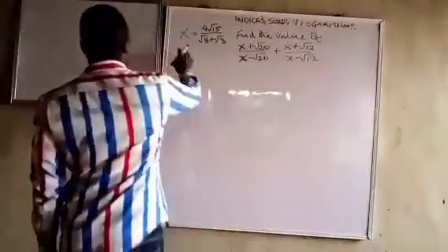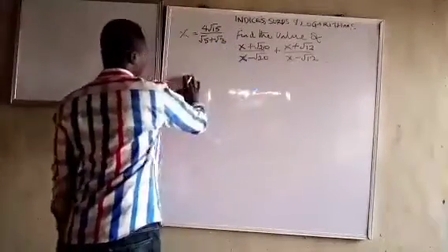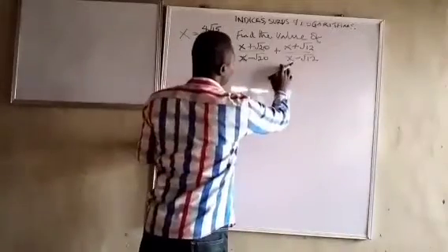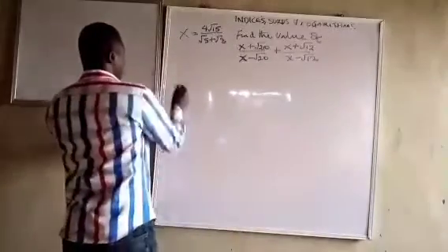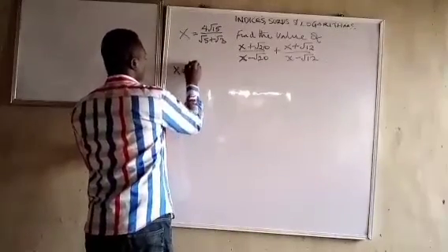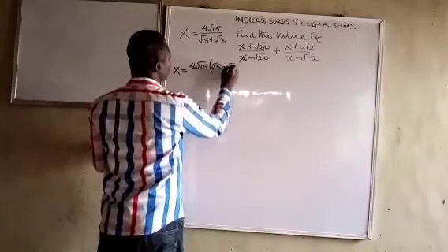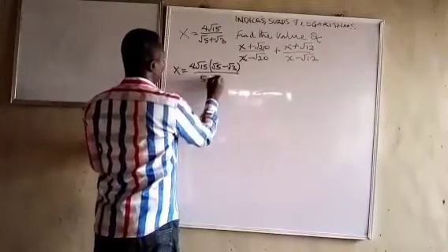Now we have this. x equals 4 root 15 over root 5 plus root 3. Find the value of x plus root 20 over x minus root 20 plus x plus root 12 over x minus root 12. Let's find the value of x. x equals 4 root 15 into root 5 minus root 3 over 5 minus 3.